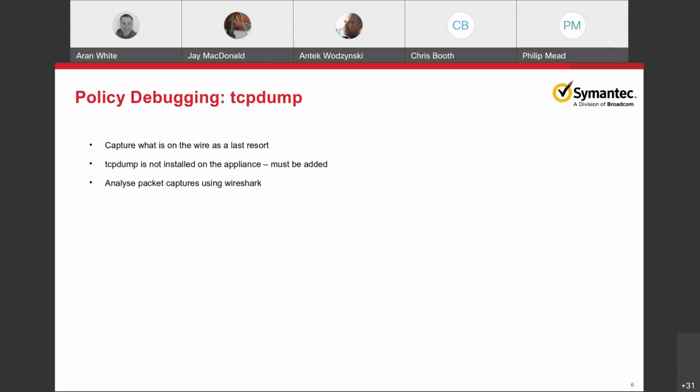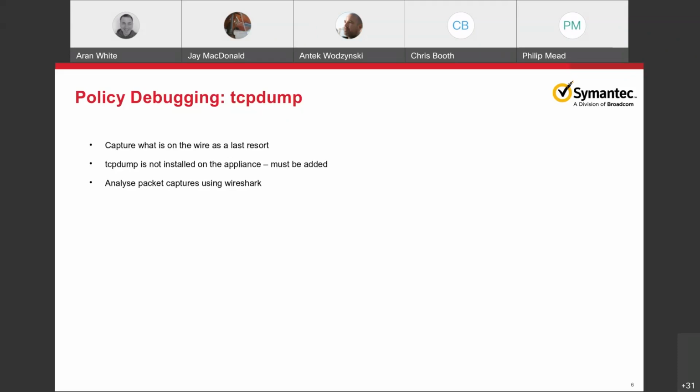And once you have the packets and you understand how to read them using Wireshark, you're well on your way to figuring out what's going on. I find myself using TCP dump quite often with customers that are running into issues that they're just not sure what's going on. Something weird is happening, they say. So let's take a look at what's happening at the wire.